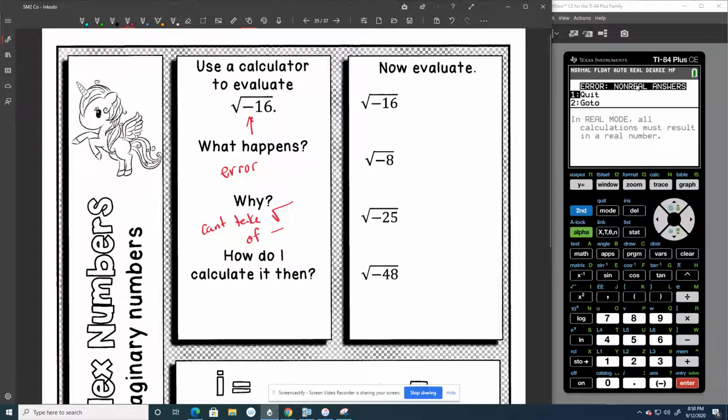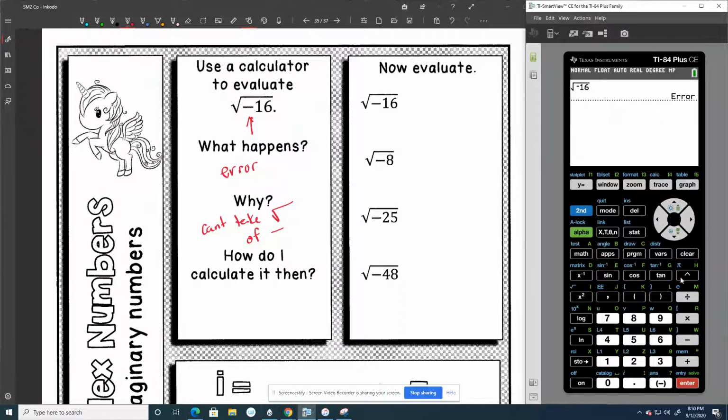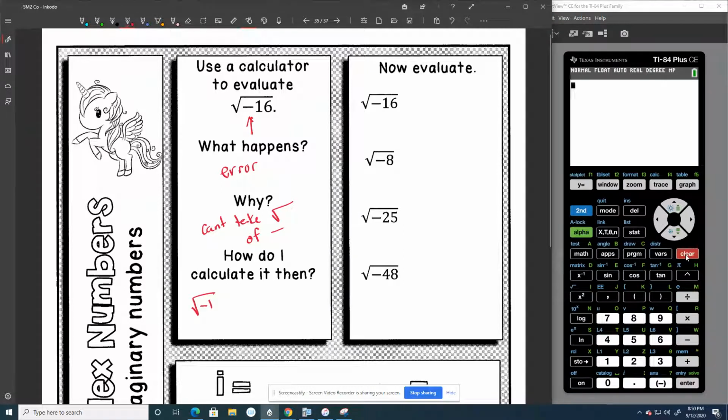And so this started to create some problems because we really wanted to keep going in math and we really wanted to keep working with these numbers, but it wouldn't let us. So we decided to invent a number. And the number that we invented is the square root of negative 1. And it has a name, and it's called i.